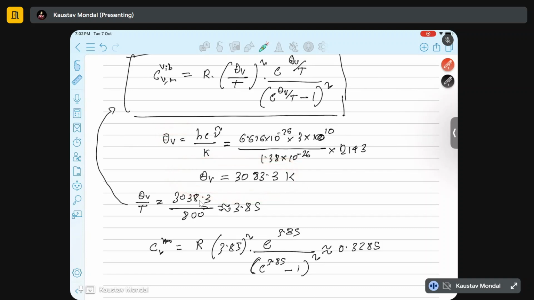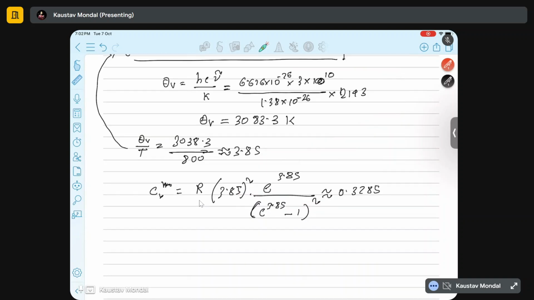T is given, so θV by T we have calculated, and after that we have substituted that value into this equation. After doing that, we got this value of specific heat at constant volume, molar specific heat at constant volume. The unit would be joule per Kelvin per mole, right? Since it's molar specific heat.